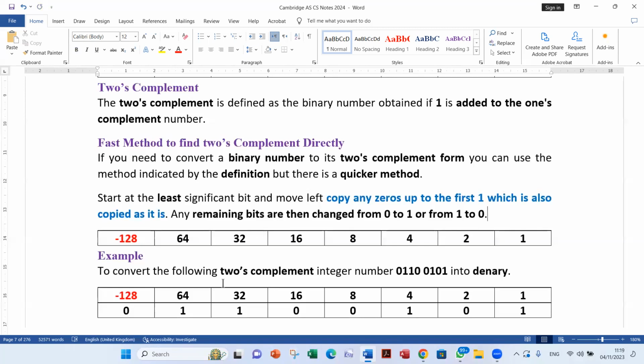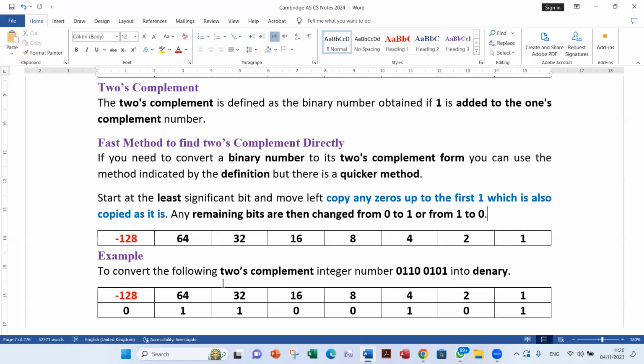This is represented in 8 bits 2's complement, which means the weights are 1, 2, 4, 8, 16, 32, 64, negative 128. The one on the far left will be negative, with weight negative 128.